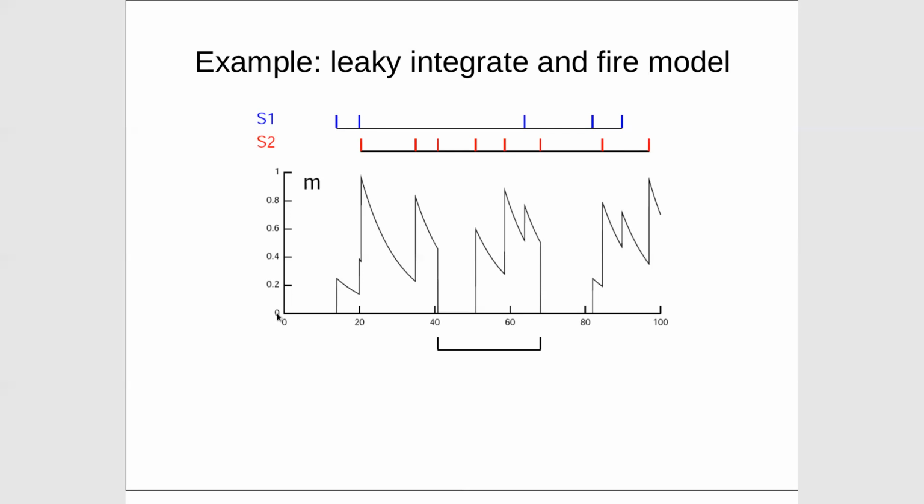A leaky integrate and fire cell sits quietly until it's perturbed. If it gets an excitatory input at some particular time, what happens is that its membrane state variable, think analog to membrane potential, is perturbed by an amount proportional to the weight of that input. After that, it decays mono-exponentially with time until it receives another input.